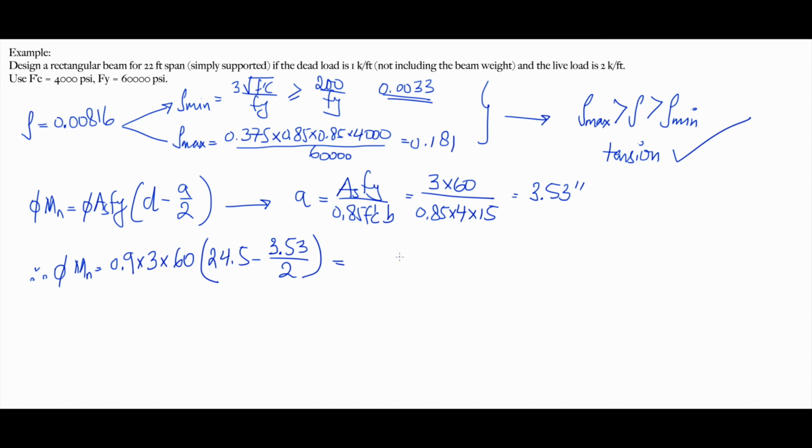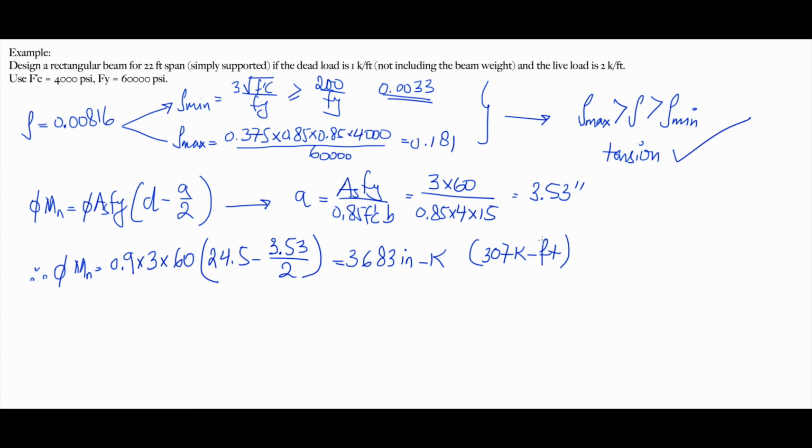If you do the math, how much is it? 3683 inch-K. We usually write the moment in feet-K, so this is equivalent to 307 K-foot.